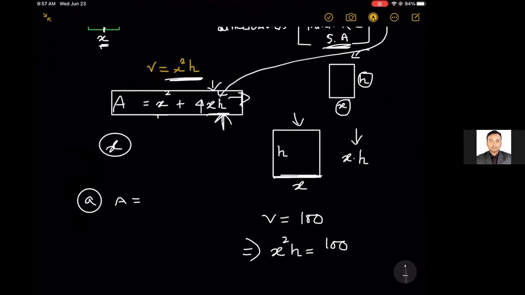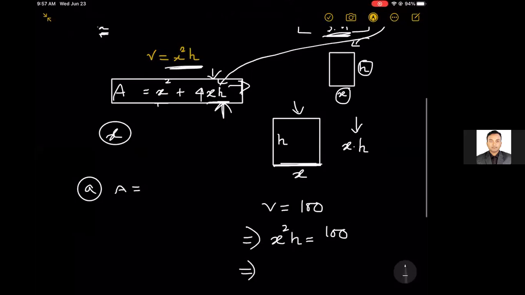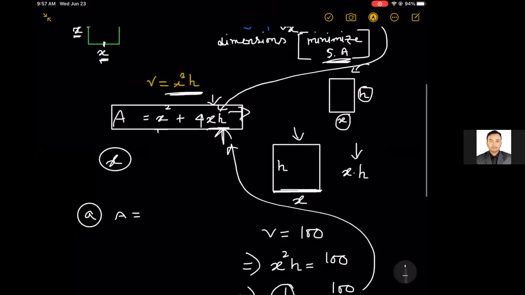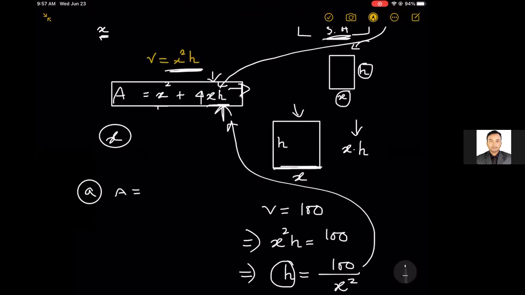So we want to solve it for h from this equation. So h will be 100 over x squared. Now we can replace this h here. So we can instead write the area is x squared plus 4 times x times h. We'll write this 100 over x squared.